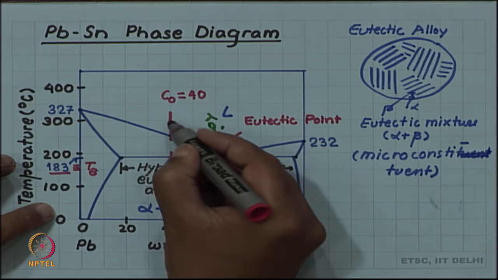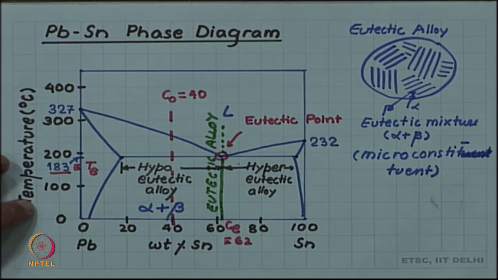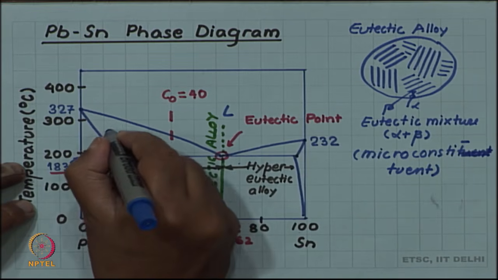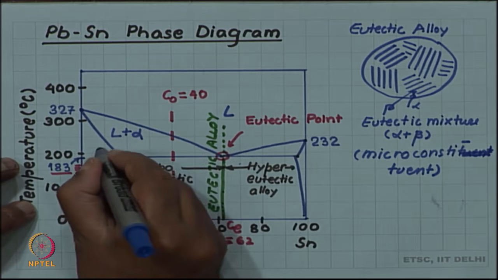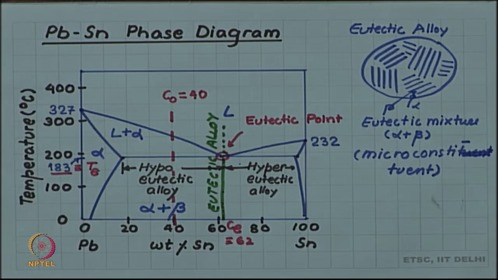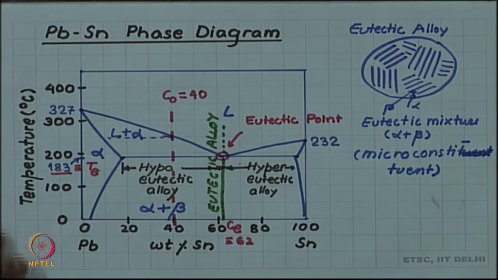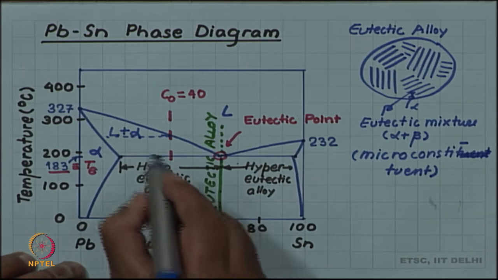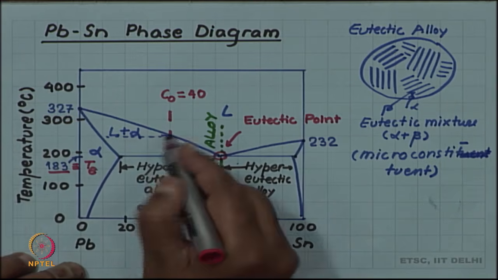This alloy, as it cools, will not directly form alpha plus beta, because before it reaches the alpha plus beta region, it enters the liquid plus alpha region. As soon as it hits the liquidus at this temperature, alpha starts forming, and as you gradually cool, you will draw tie lines at lower temperatures.